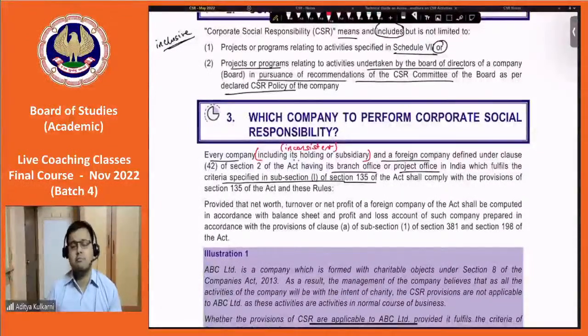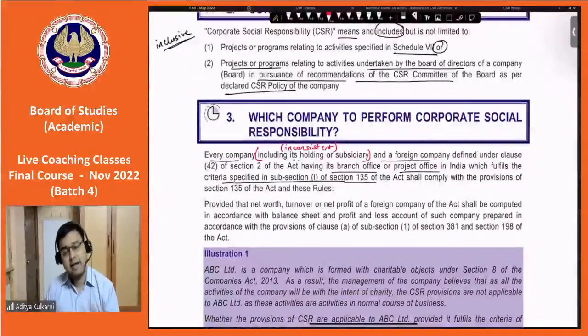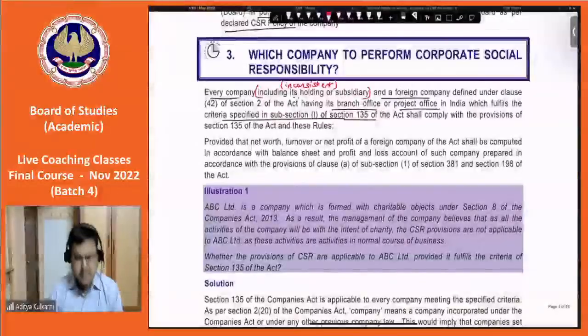You check whether the subsidiary is required to fulfill CSR, and then you do the analysis. It's not that once a company is applicable, the holding will be applicable and the subsidiary will be applicable. That is not how CSR works. So these words in the CSR rules are inconsistent with the section. Doesn't matter. For us, it is simple to understand that it is applicable to every company which fulfills the criteria prescribed in 135(1). Okay, so we'll see the other part later on.